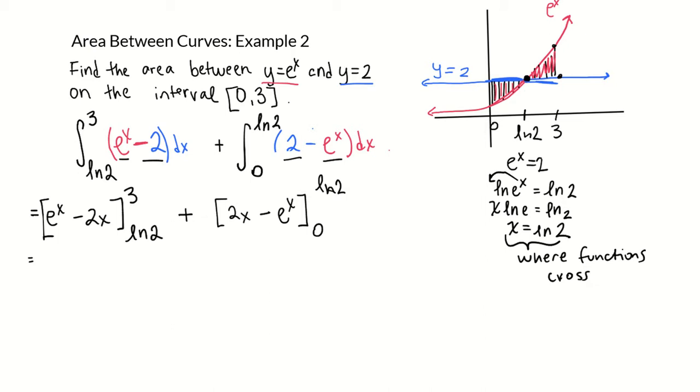Now for this first integral that we evaluated, we're plugging in 3 and ln of 2, so that'll be e to the 3 minus 2 times 3, minus e to the ln of 2 minus 2 ln of 2.